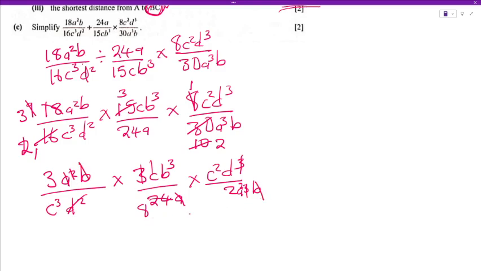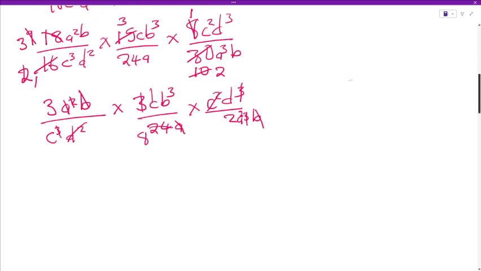Like I mentioned, I'm doing shortcuts because you already know how to do this. And for the c's, c squared can cancel 2 c's from there, remain with 1 c. Okay, b's are done down here. We just had 2 b's actually. I'm just comparing with the original question. I think we're done cancelling out the values.